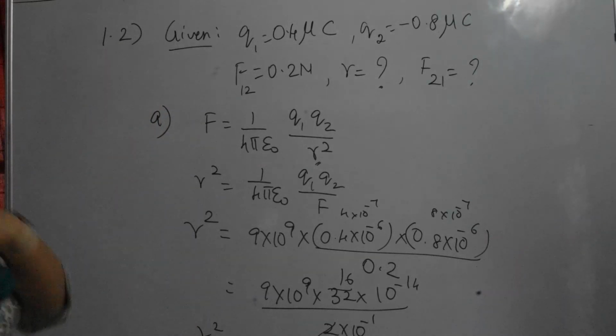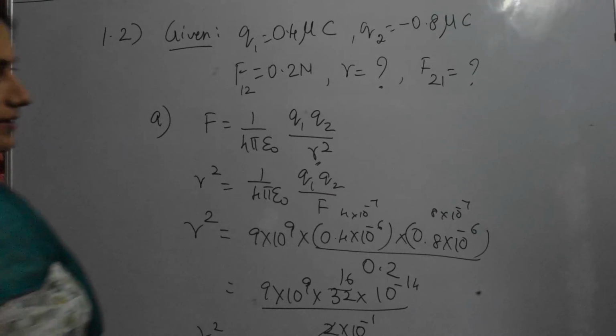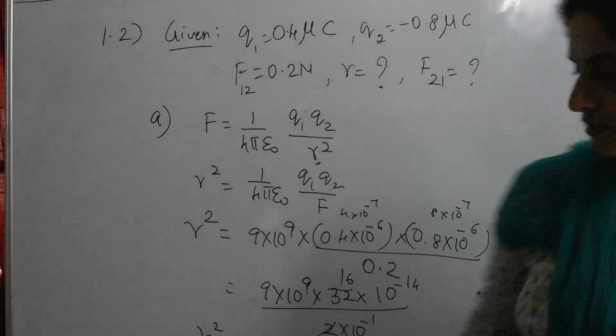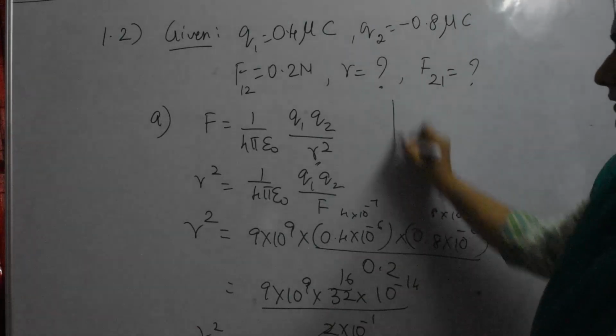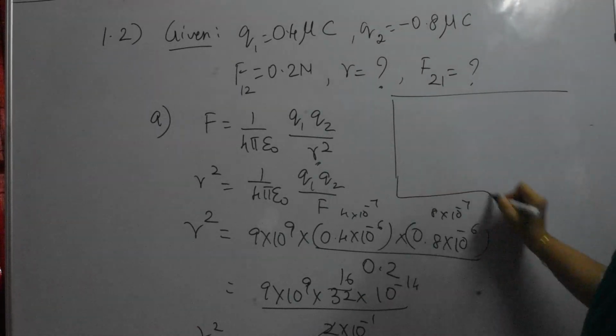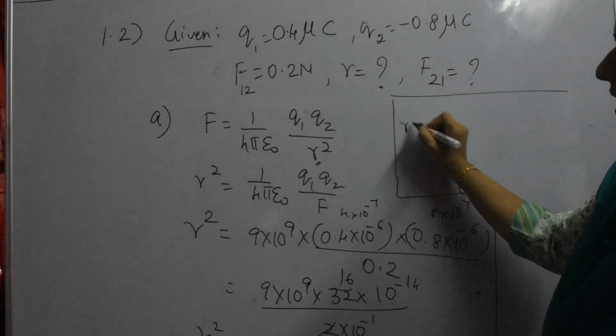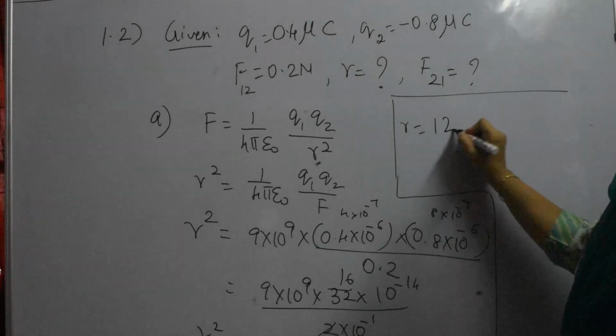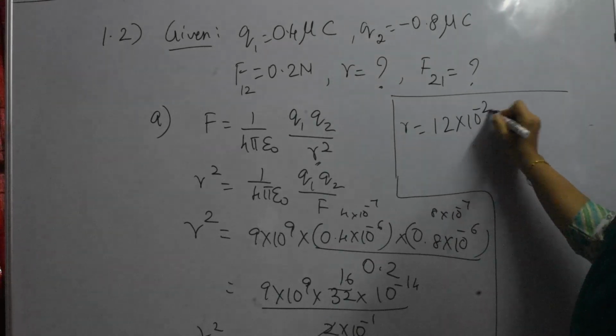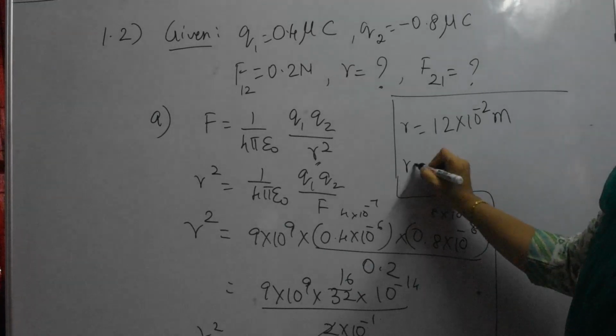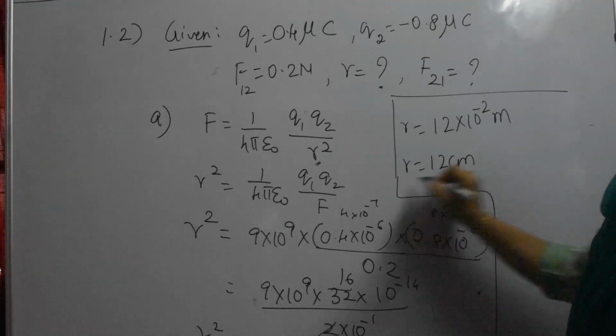Now you have to find out the value of R. So just note it down. What will be the value? Square root of 144. So R will be equal to 12 into 10 to the power minus 2 meter, or R is nothing but 12 centimeter.